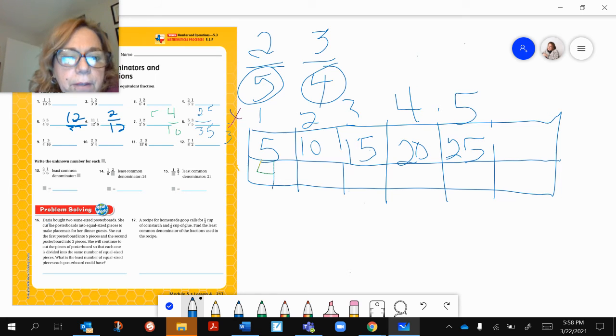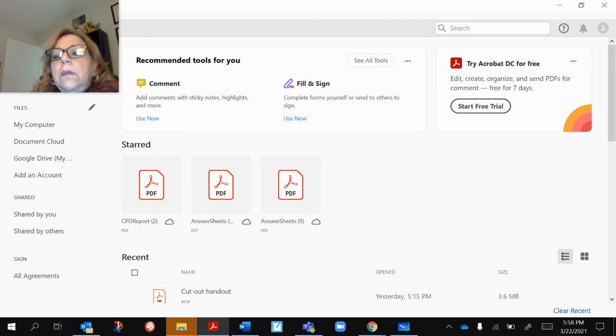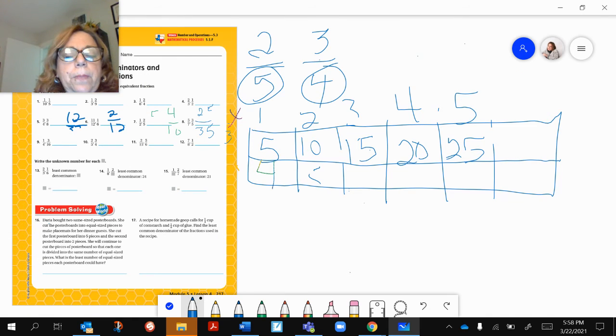Now I'm going to skip count by 4s or multiply, just like your multiplication table. 1 times 4 is 4. 2 times 4 is 8. 3 times 4 equals 12. 4 times 4 is 16. Have we found anything yet? 5 times 4 is 20. There you go. Bingo.